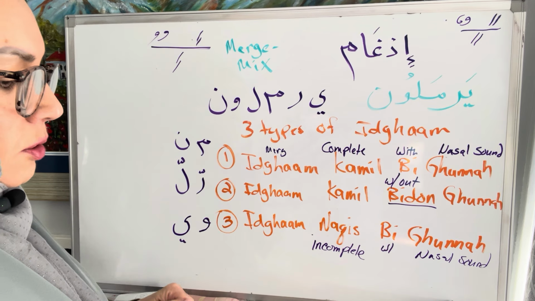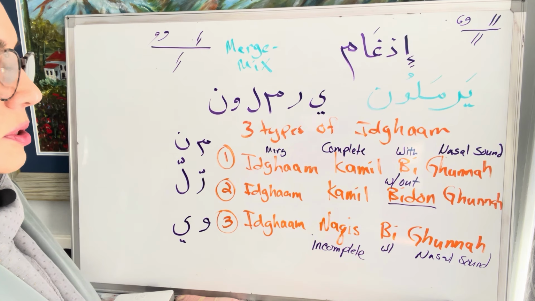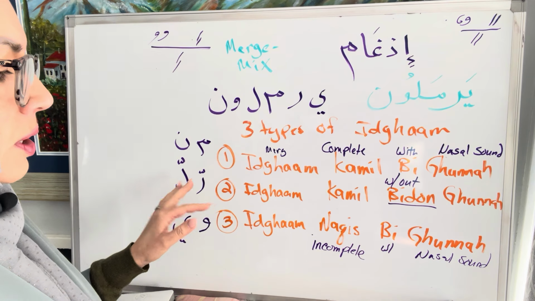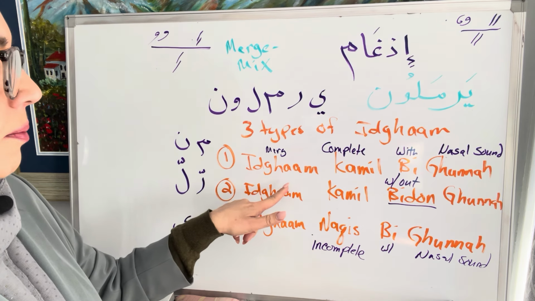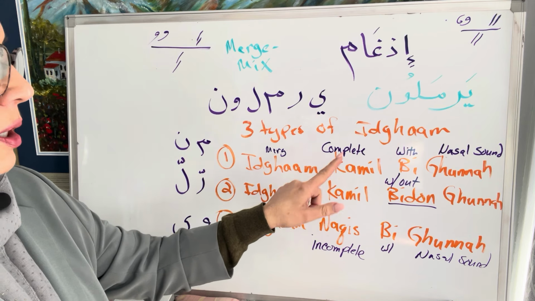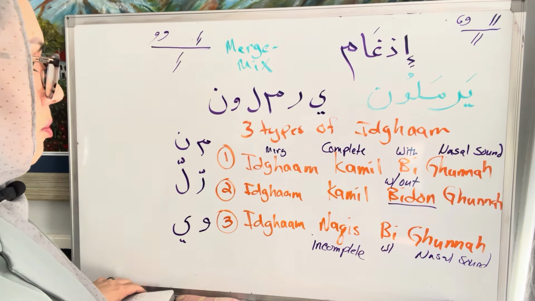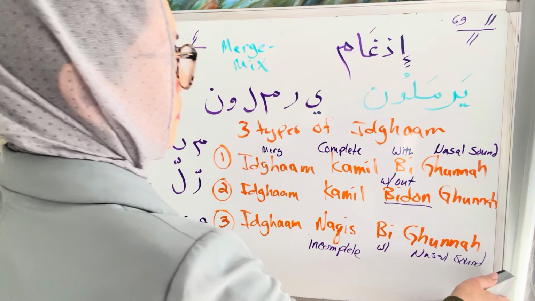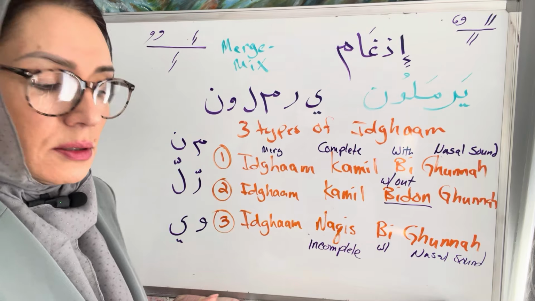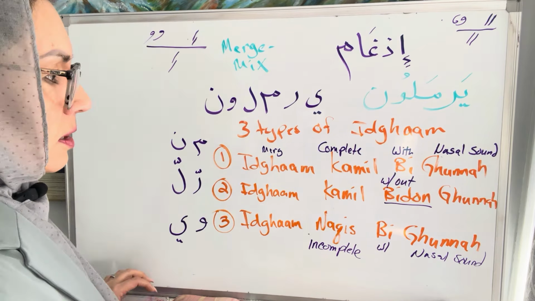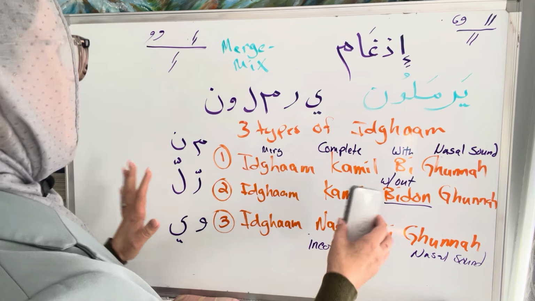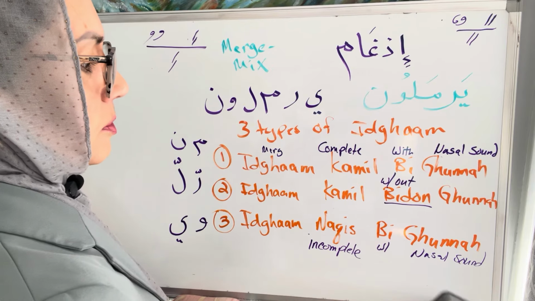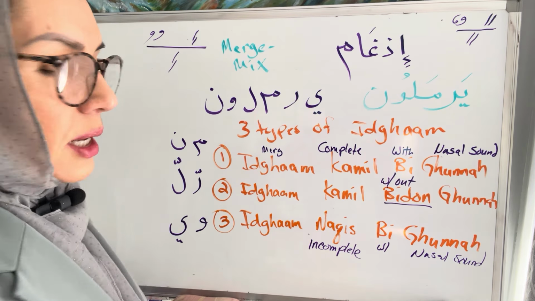Now, inshallah, we're going to go back and start giving examples of each one. The first one I'm going to focus on is idgham kamil with ghunna. So what examples do we have for that? I'm going to have to erase the board because, as you can see, I don't have space to leave this and also give you examples at the same time. So let me clean the board and I will be right back.